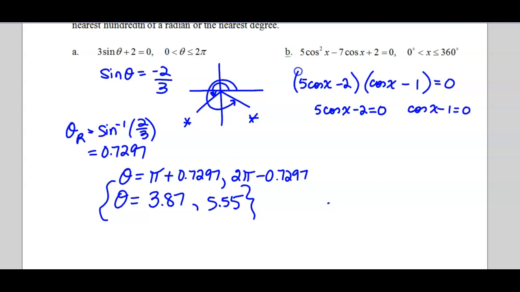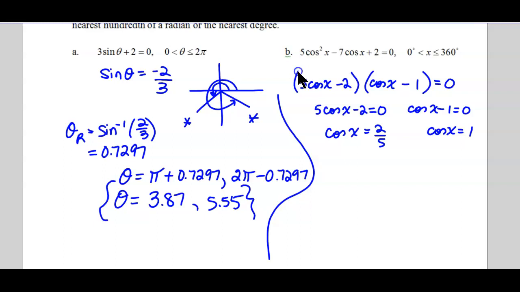We solve each of those for the trig ratio. So, whose x equals 1, you don't need a calculator for that.